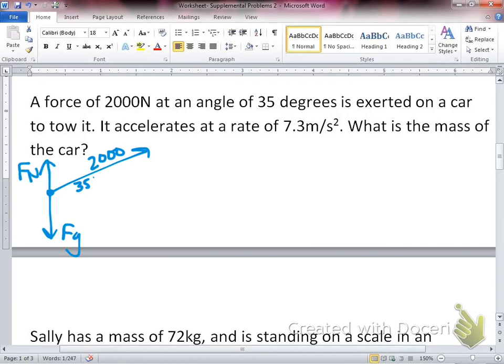Okay, it's still resting on a surface, so we have both of those things. We have to first and foremost break down this initial force that's at an angle. So what would I label this side as? F applied Y, good, or F pull Y, or whatever you want to call it. And this side would be F applied X.